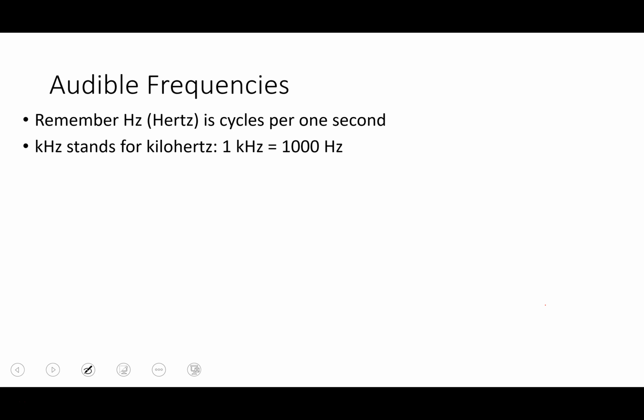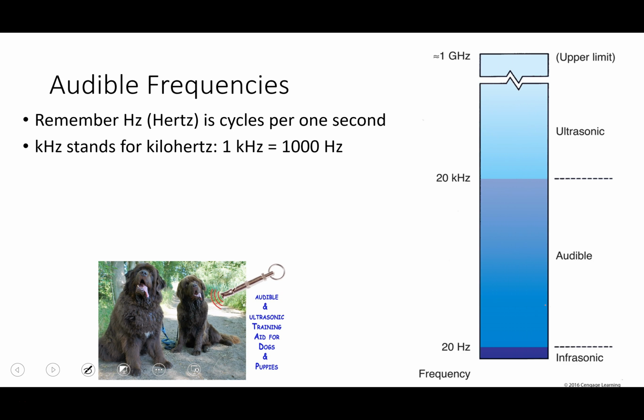Range for audible sounds. I like this one with the dogs, right? Remember, sound is a type of longitudinal wave, but the frequency that we can hear is generally from 20 hertz to 20 kHz. And of course, what does K stand for? Kilo.